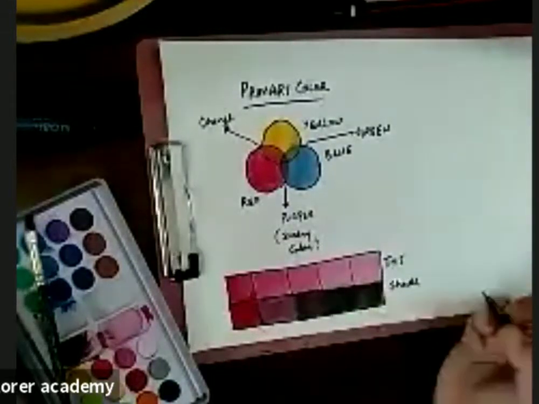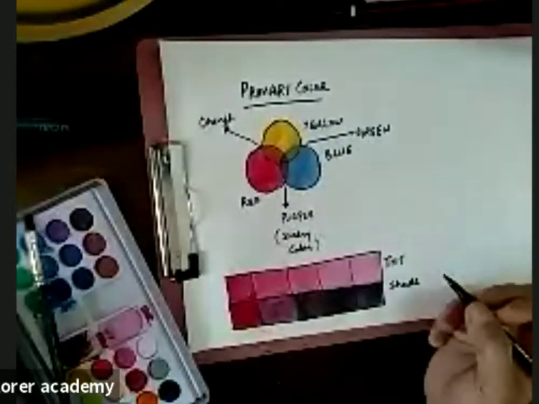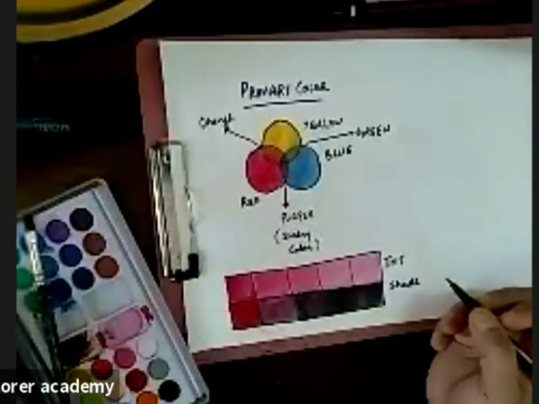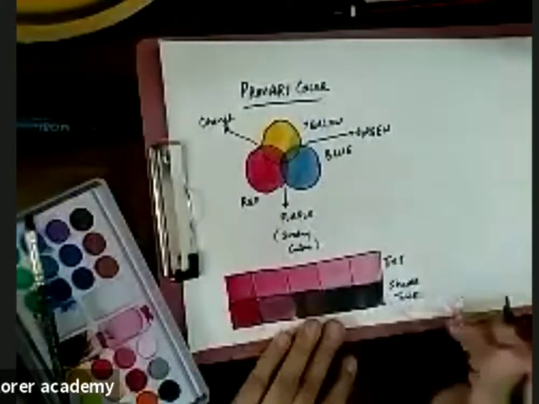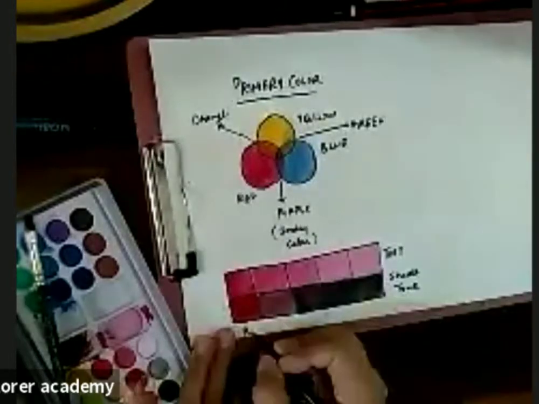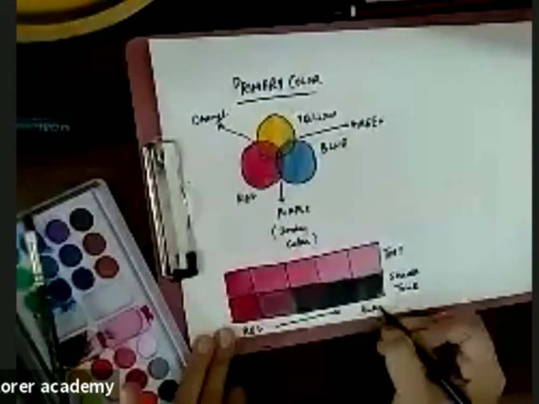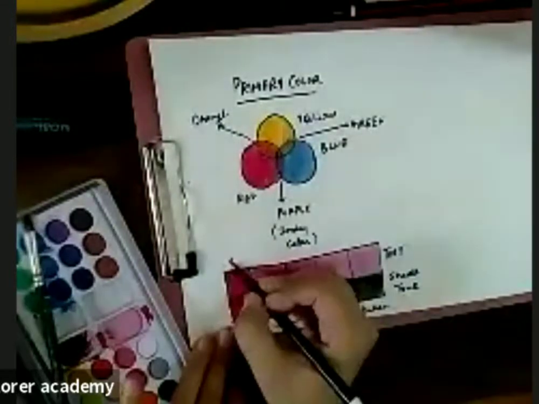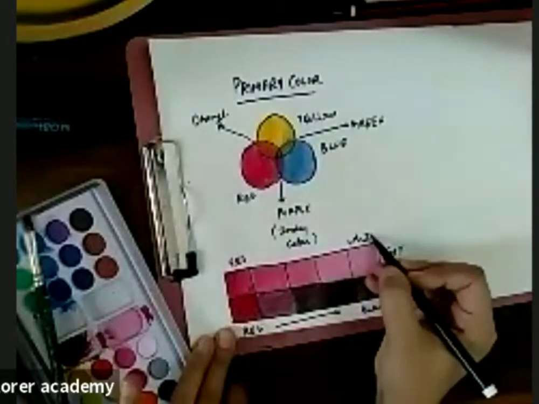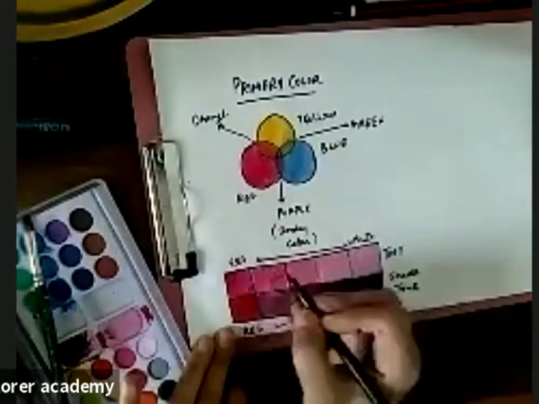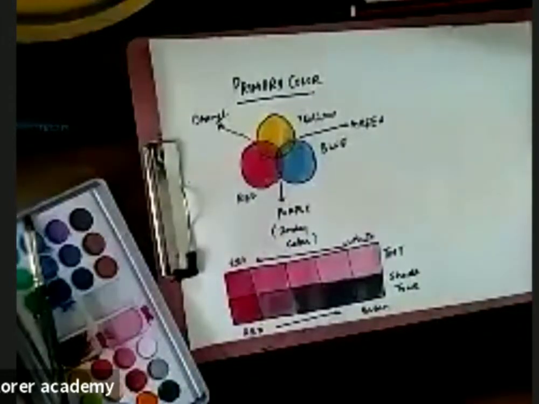Yeah, black. Okay, so you can say tone also or shade. So this is red to black by adding the darker color. So this is red to white by adding the more and more of white. Okay, so this is tint and shade.